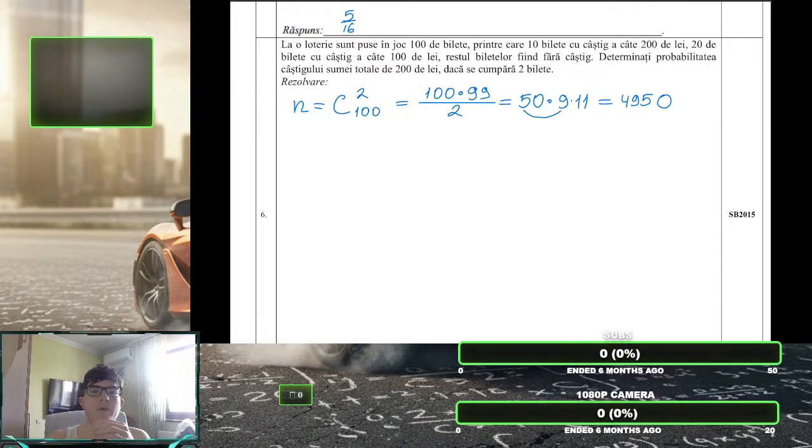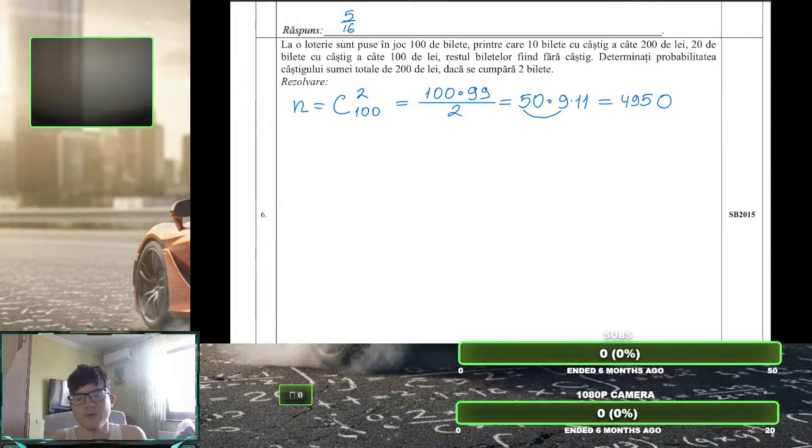Now we have to calculate M, obviously, which is harder. To calculate M, you just write down 2 circles, right? 2 squares. And basically the probability of the total winning sum to be 200.